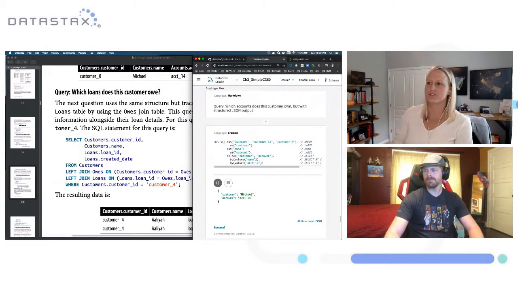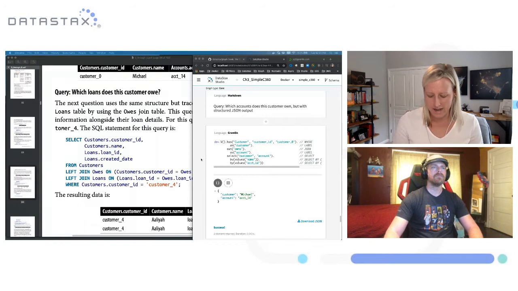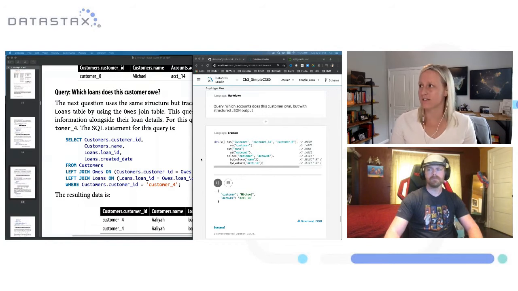On the left, what you're looking at here on the screen now is the join syntax for joining customers to orders and loans tables and selecting some data. And on the right, you're looking at the Gremlin syntax for doing something very similar. Depending on how deep you want to go in your relational versus graph comparison, I highly recommend you head on over to where DataStax is hosting these chapters for free, and you can get the book chapters directly from DataStax.